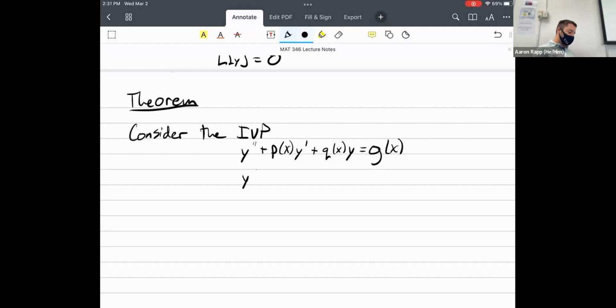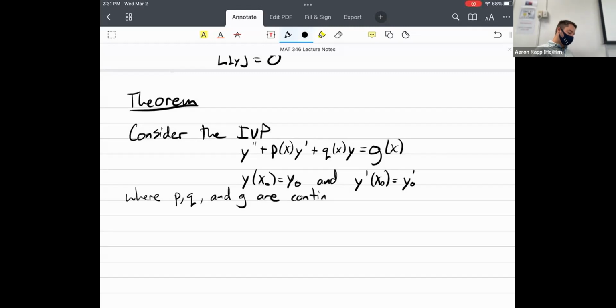And you have the initial conditions that y of x naught is y naught and y prime at x naught is y prime naught, where P, Q, and G are continuous on an open interval, which we're going to refer to as I, that contains that initial starting point x naught.